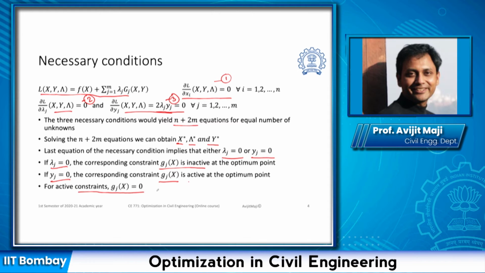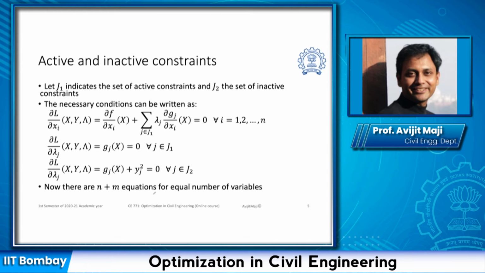It is quite a good finding because with the help of this we can actually reduce the number of equations which we need to solve. So let's see how we can reduce the number of equations. As we said, we have the set of active constraints and the set of inactive constraints. We can indicate the active constraints as J1 and the inactive constraints as J2.